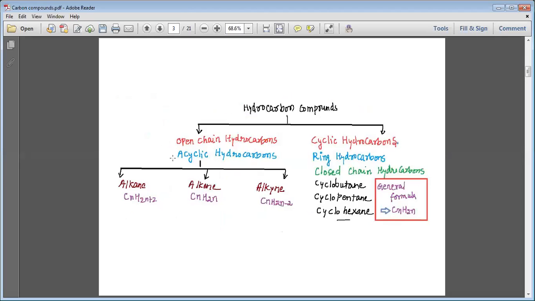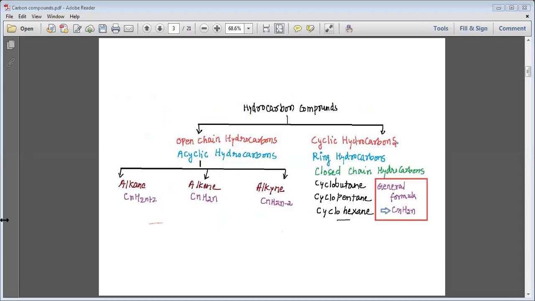We have studied about the classification of the hydrocarbon compounds. So during our classification, my dear students, we try to study how this hydrocarbon can be classified. This hydrocarbon initially can be classified in two major classes.